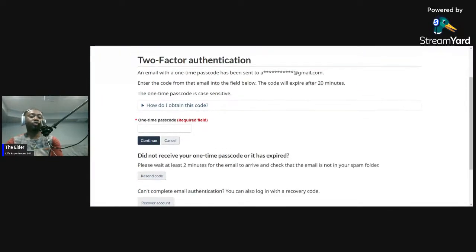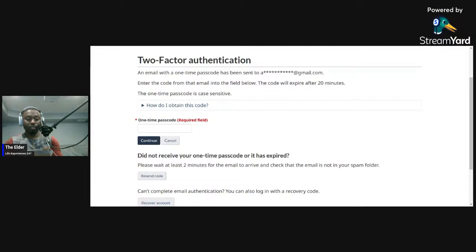So now you come to the two-factor authentication. So when I go through here, they are going to send an email to the account I used for this. And once the email goes through, I'll have to enter the code here. So they have already sent the email. So I'm just going to get the code and enter it.